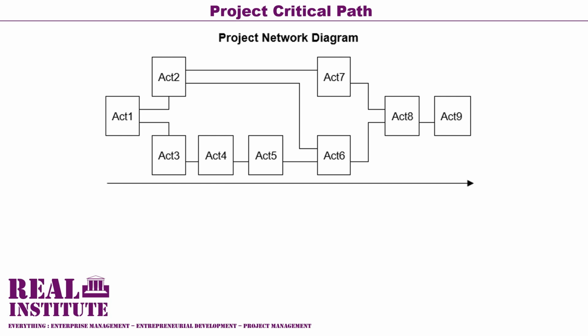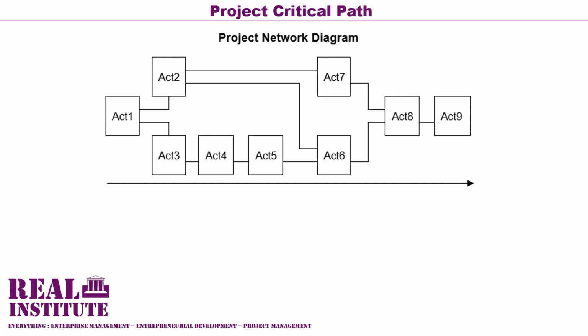Activity 5 likewise can only start after activity 4 has finished. And interestingly, activity 6 has two dependencies, and those are activity 2 and activity 5. That is, activity 6 can only start after both activity 2 and activity 5 have finished.